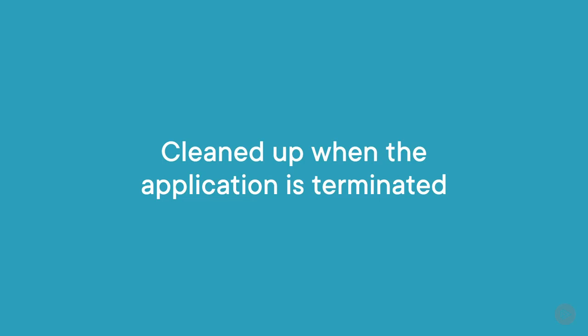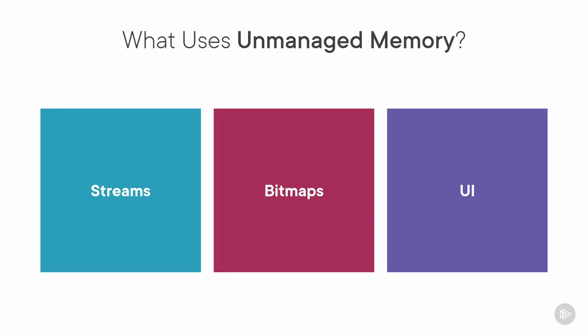So the term memory leak refers to objects that are allocated in memory longer than they should. Eventually, most of these objects will be collected. For the components that use unmanaged memory, which most streams, bitmaps, and graphical components do, you should follow a very basic pattern to ensure that the memory is cleaned up when you are done.